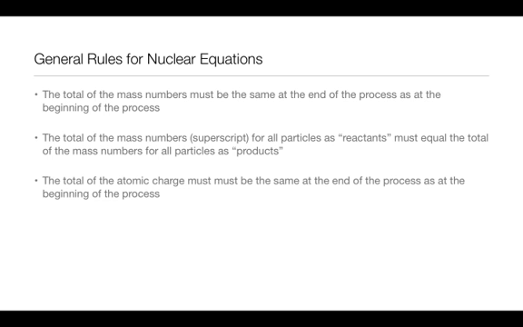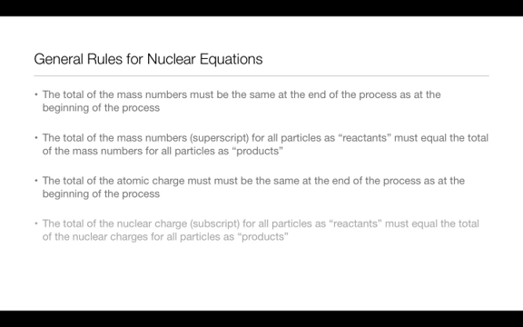The atomic charge follows the same basic principle. The total nuclear charge on the reactant side must equal the total nuclear charge of the products on the product side of the reaction. So let's take a look at some of these reactions and see how this is put into place.